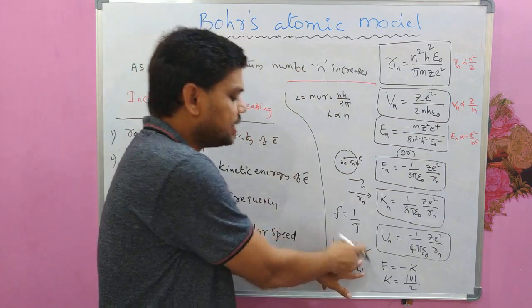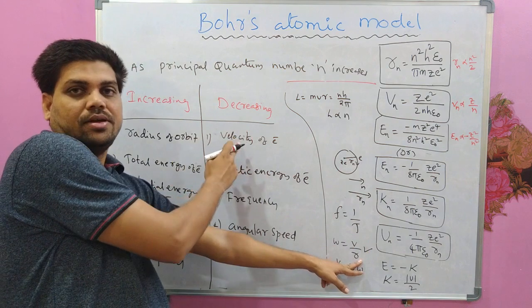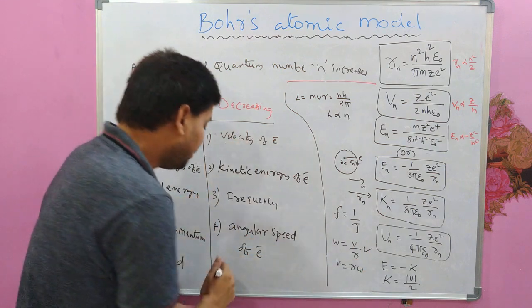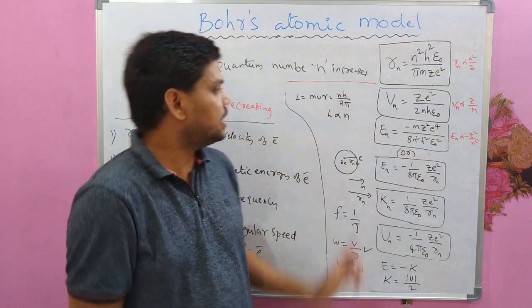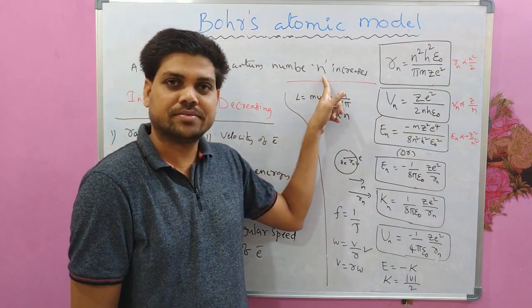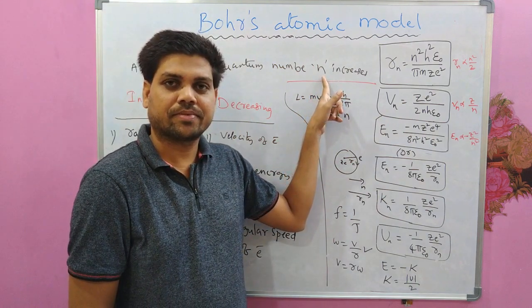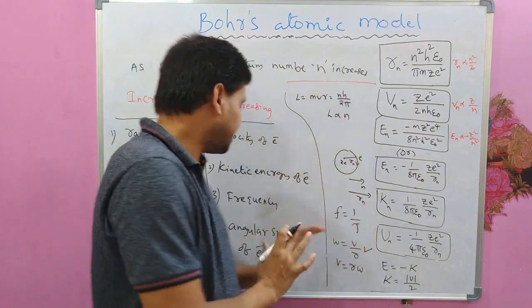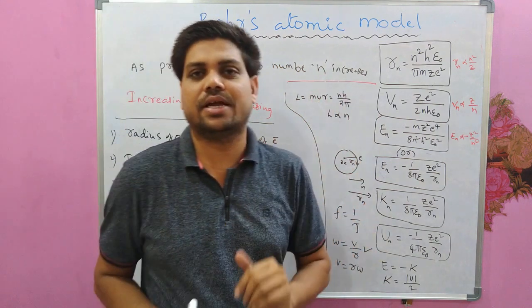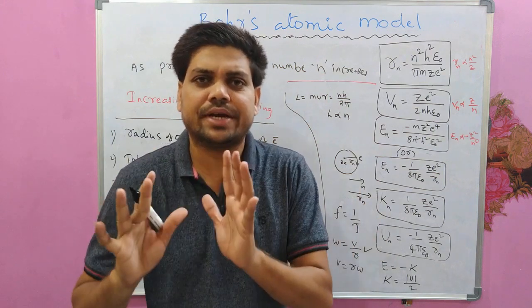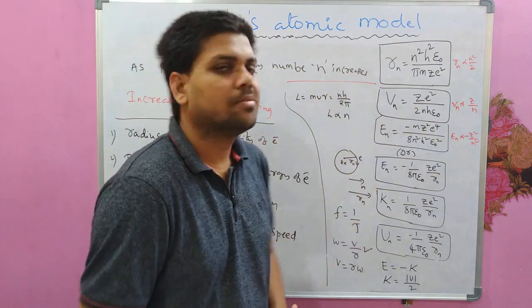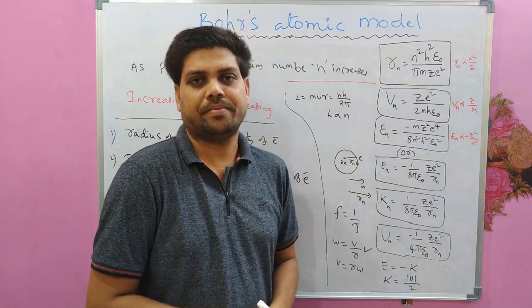V decreased. Which means the angular speed of the electron should decrease with increase in n. These points are very, very important for the entrance exam, which are frequently asked from Bohr's atomic model.